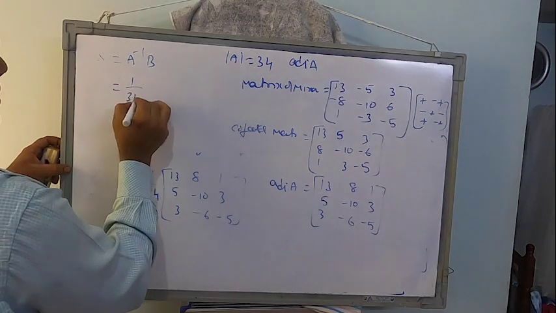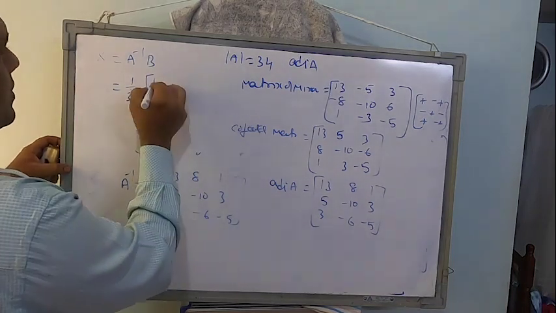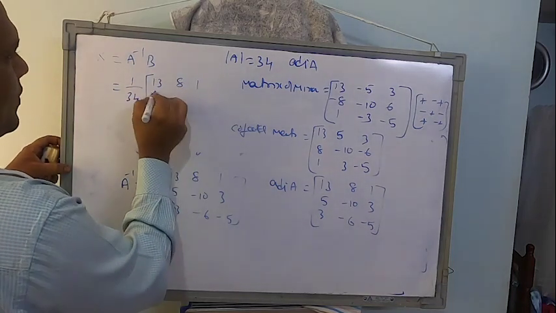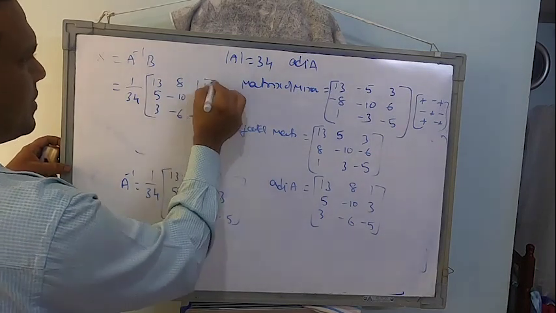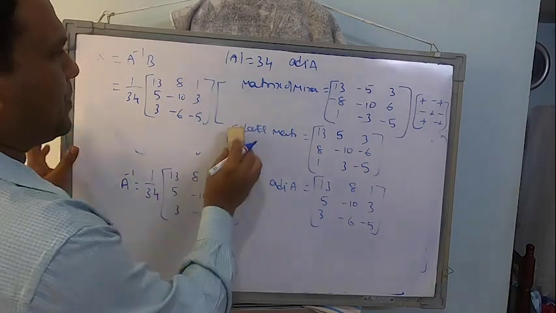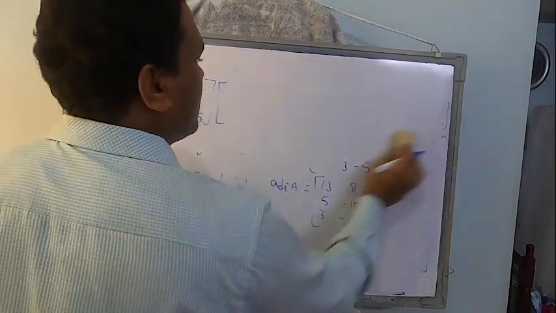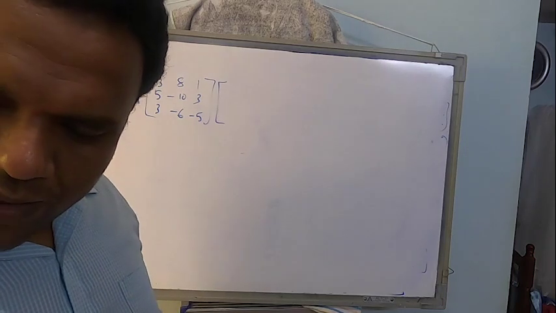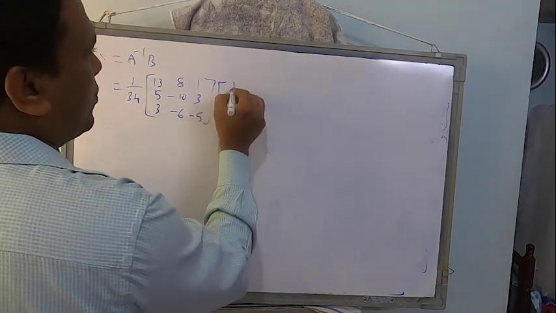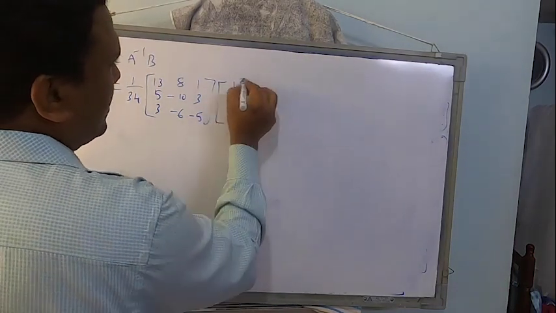This is 1 by 34 multiplied by 13, 8, 1, 5, minus 10, 3, 3, minus 6, minus 5. Multiplied by B. B we have already written in the beginning itself. So the matrix B is 1, 3 by 2, 9.